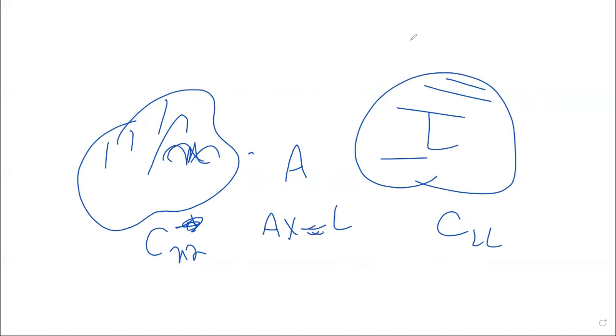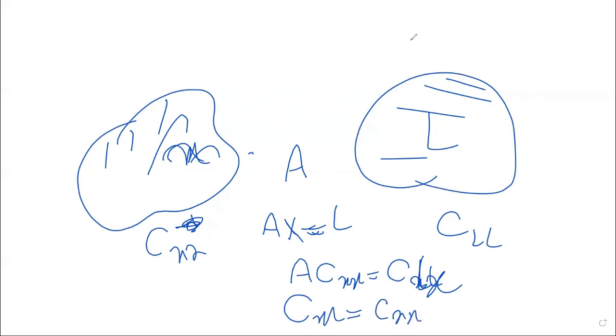Then if I apply A instead of, say, XX, I come to XL, LX, and this will be LX. And if I have C_XL, it will be C_XX A transpose.